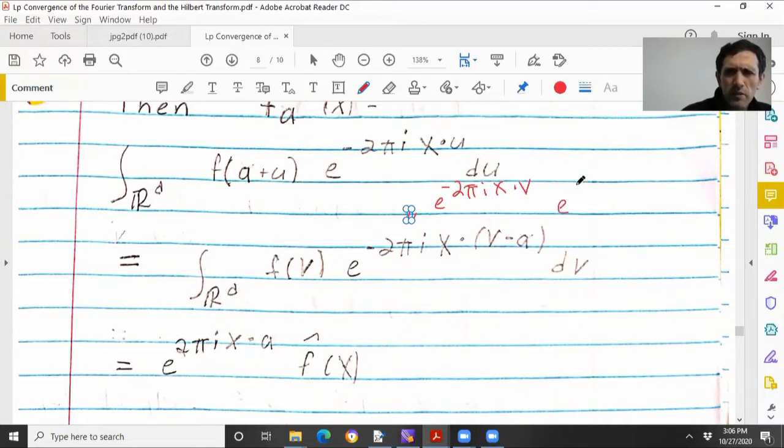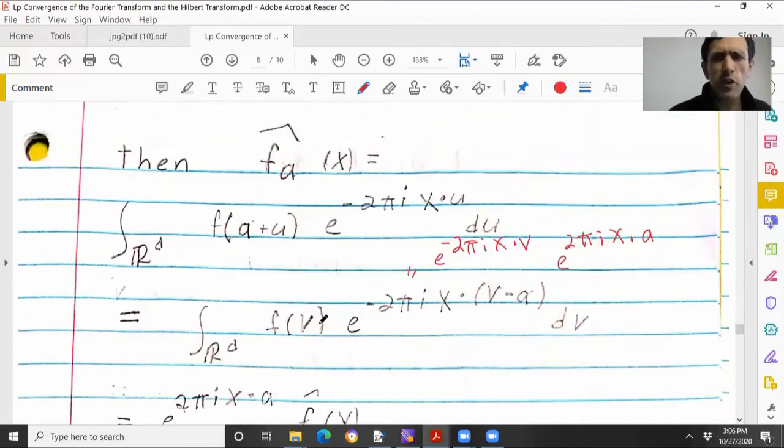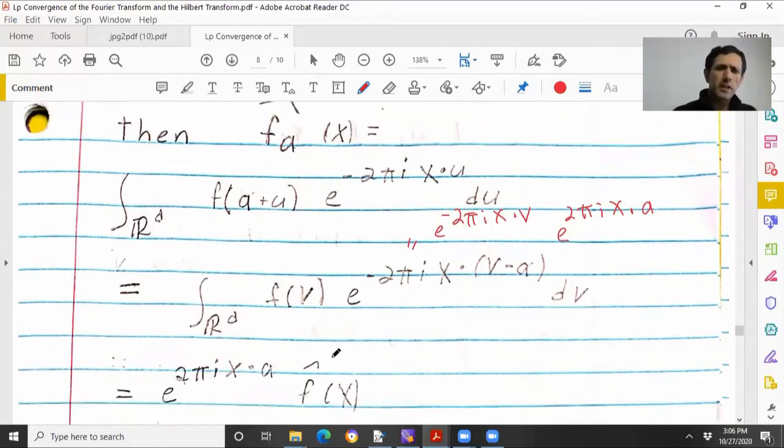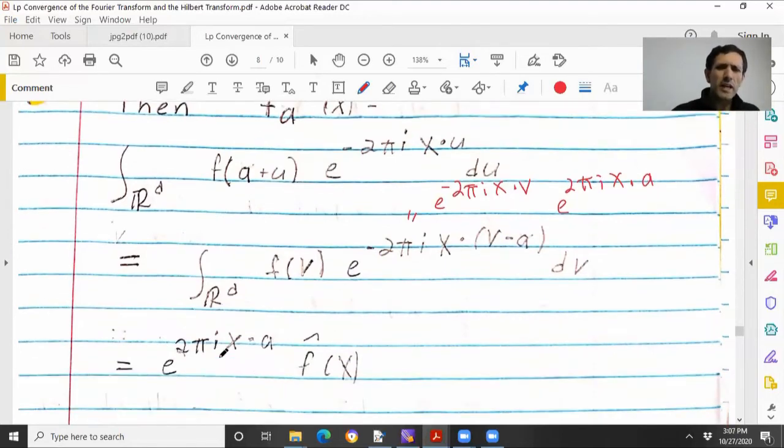The minuses cancel, so it's e to the 2 pi i x dot a. Well, lo and behold, there's no v here. This is just a constant. Pull this out, and this one just gives you the Fourier transform. So if we Fourier transform a shift, we get e to the 2 pi i x dot a times the Fourier transform.